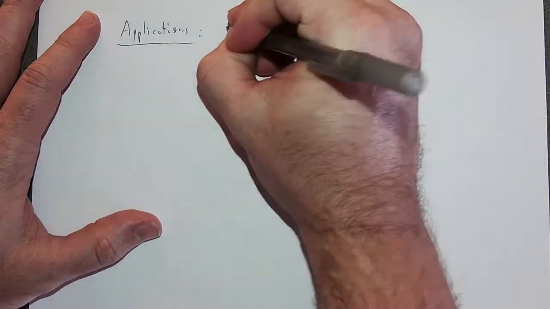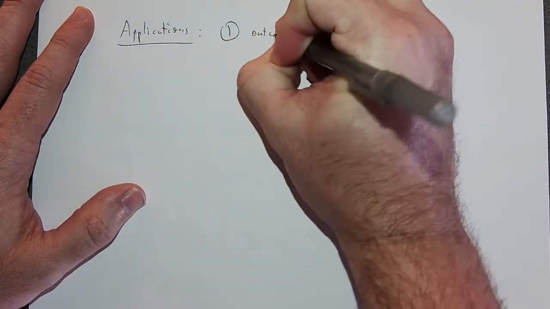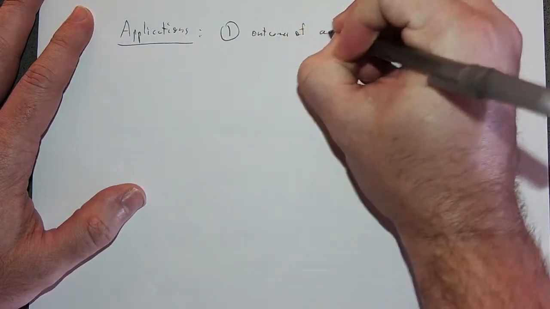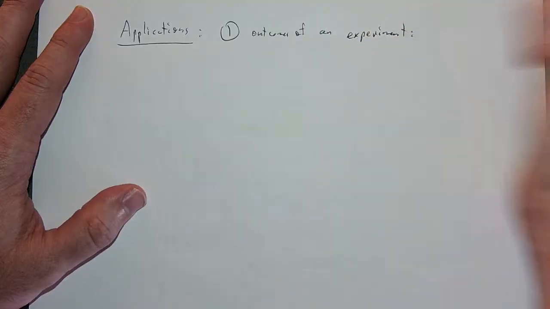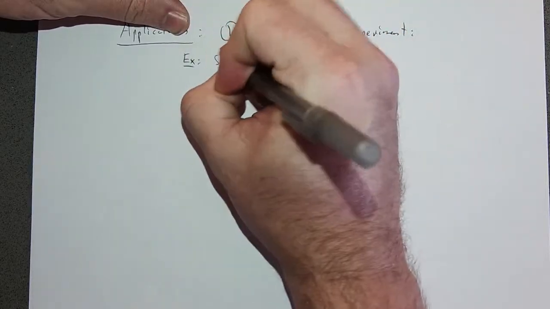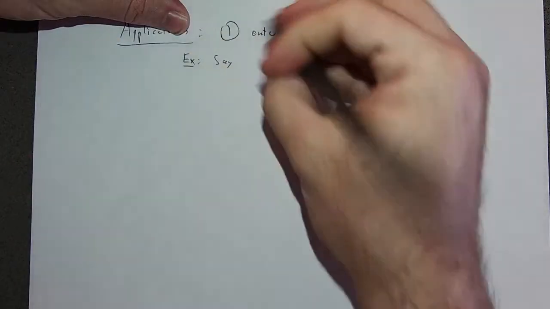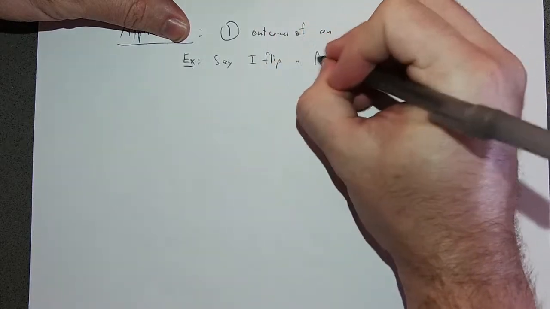So just a few applications. There's modeling, like a more generic decision tree or outcomes of an experiment. Here's an example, right? Say I flip a fair coin.